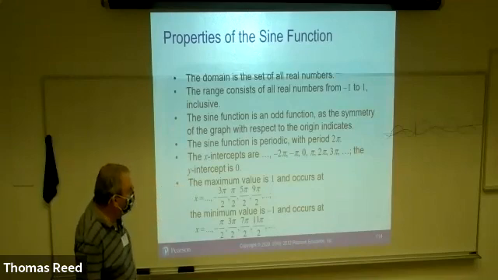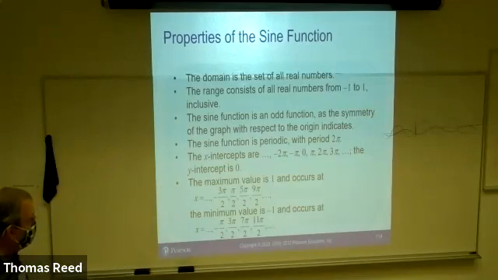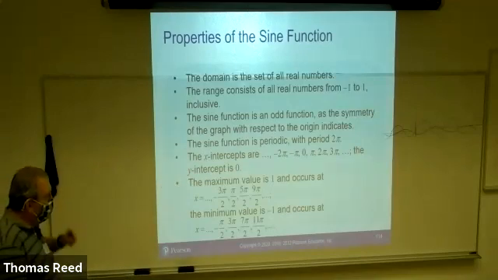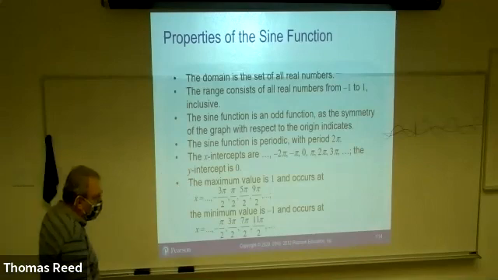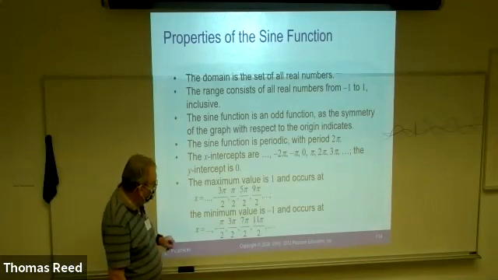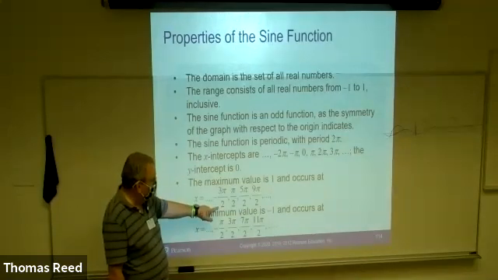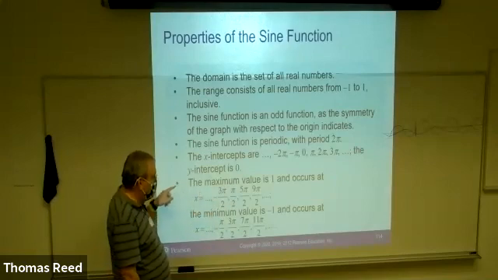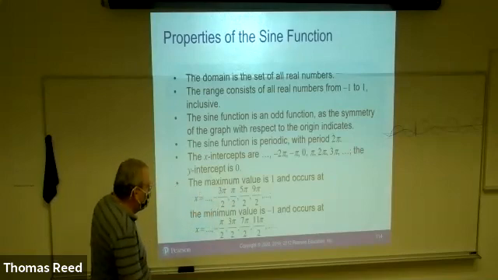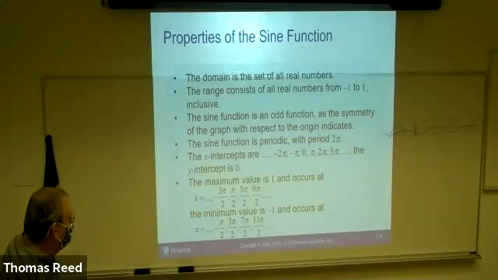The maximum value is 1, and it occurs at odd multiples of pi over 2. Odd integer multiples of pi over 2. So negative 5 pi over 2, negative... No, it's not all. It skips every other one.